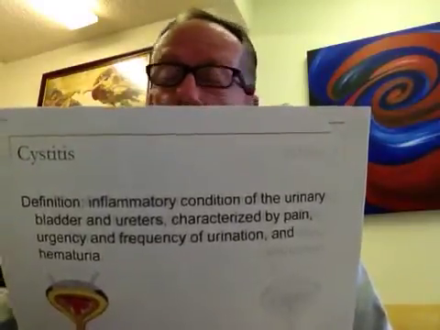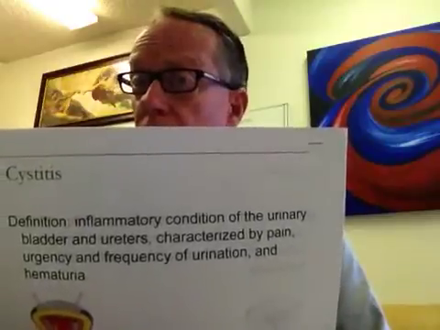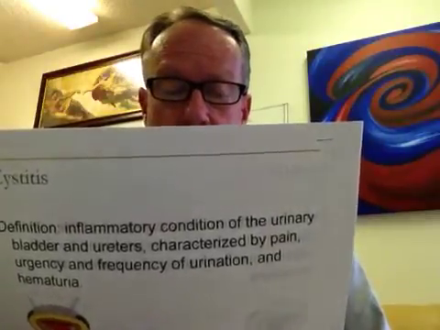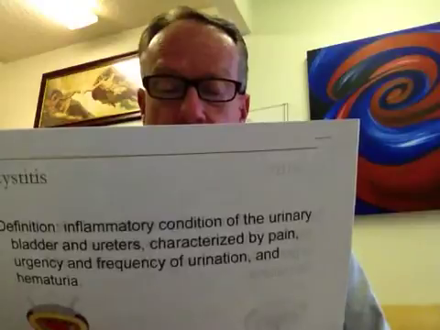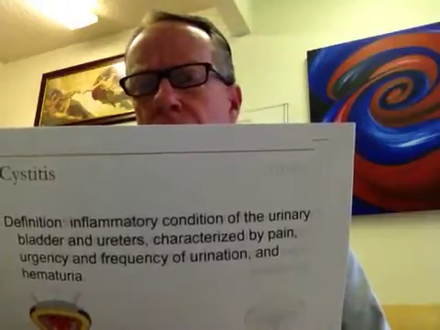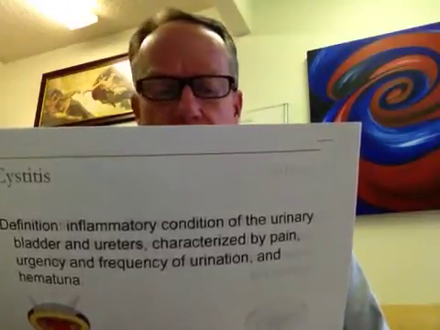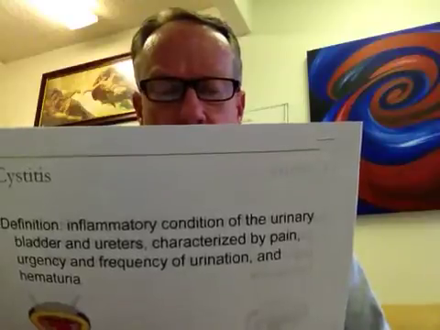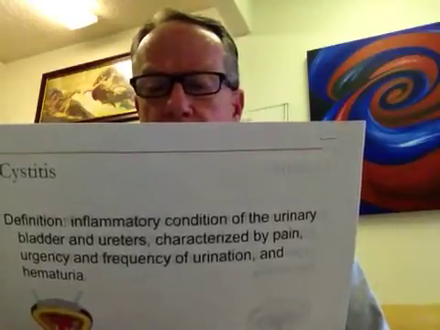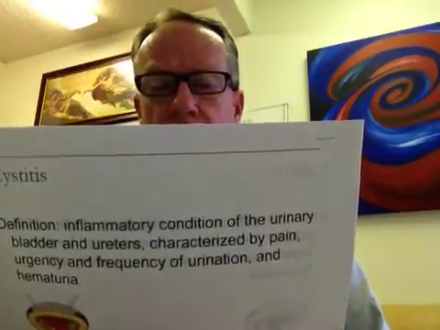That could indicate that there's cancer. It could indicate that there are other mitigating circumstances of infection, and if infection stays in place for a long period of time, it can change the lining of the bladder, and that can be prodromal to cancer.